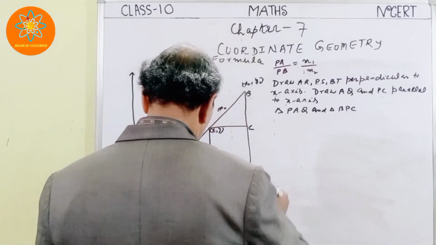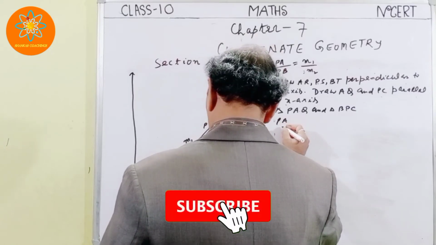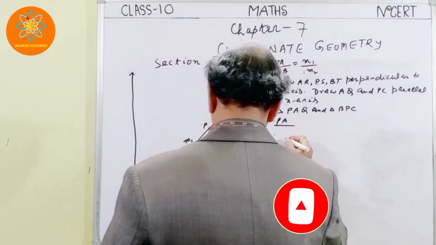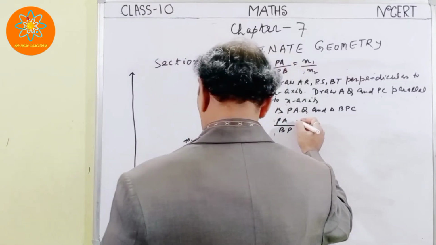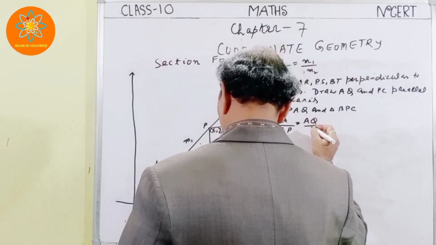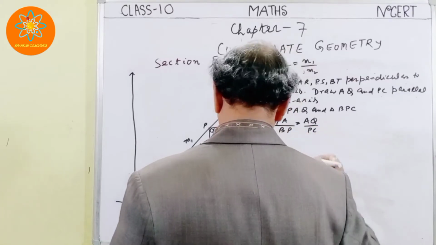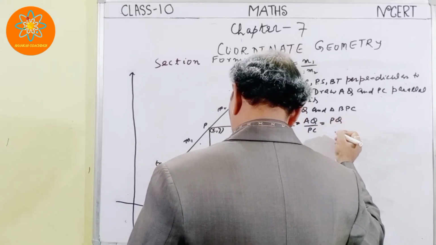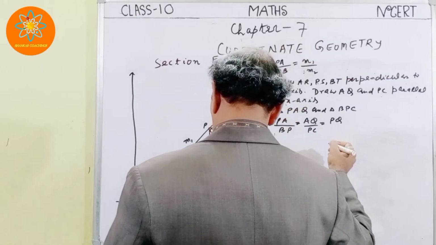So I can write PA by BP is equal to AQ by PC is equal to PQ by BC.